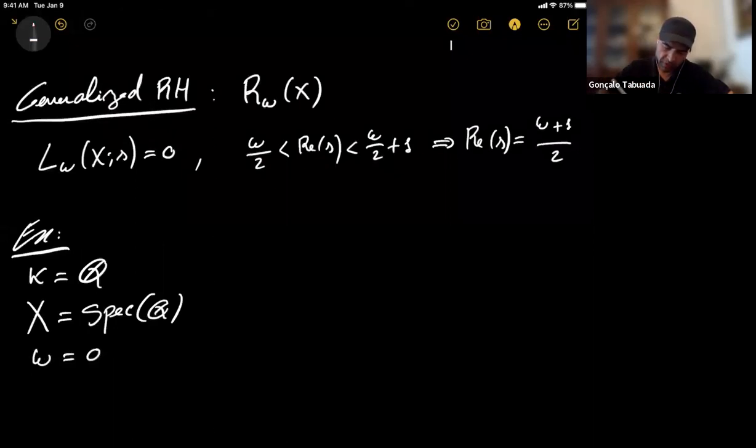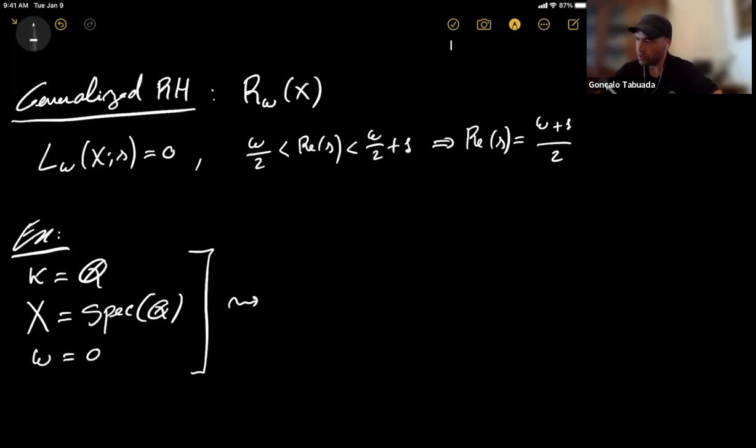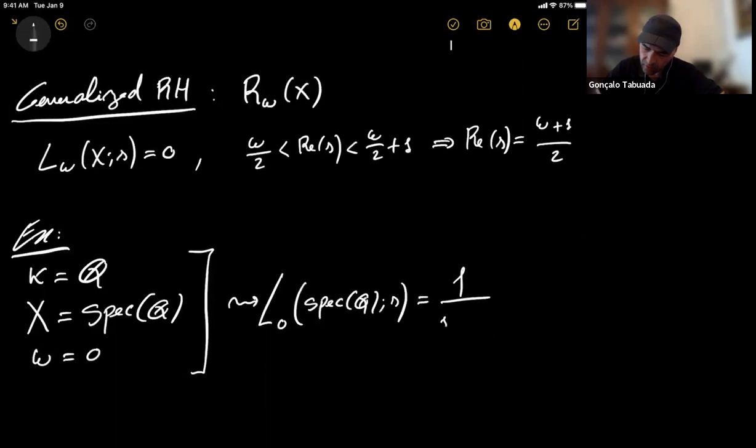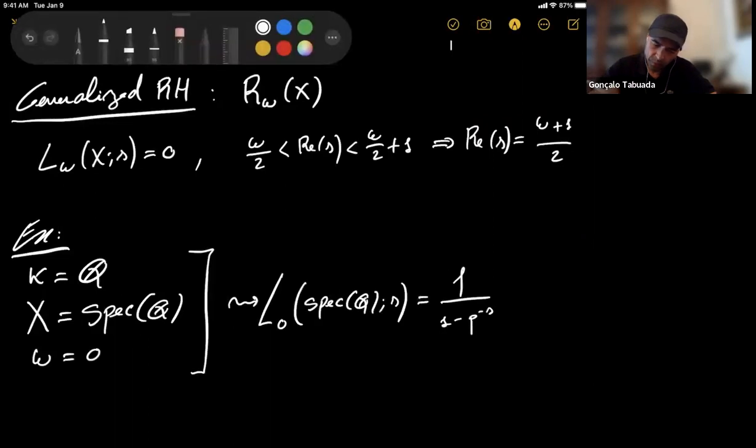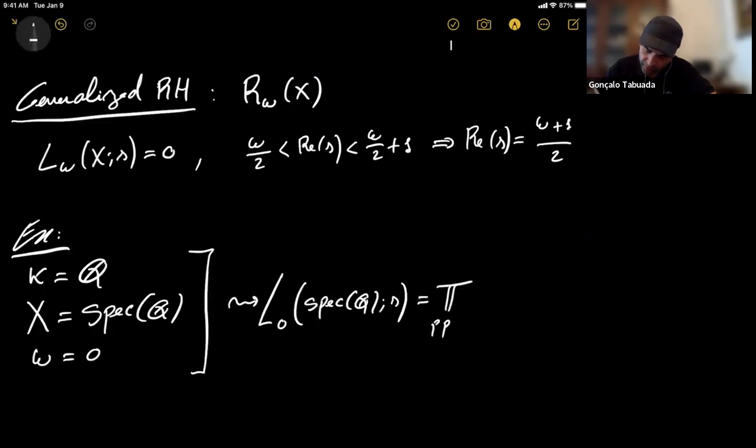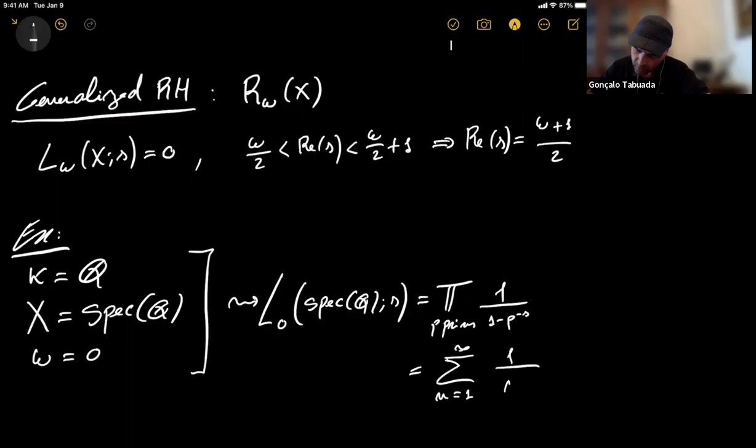When you look at this L function for Spec Q, what you get, if you follow the definition, is precisely this infinite product over primes of 1 over 1 minus p to the minus s, and that is nothing but the classical Riemann zeta function, where you sum over n from 1 to infinity of 1 over n to the s.